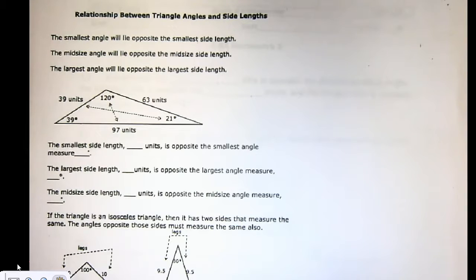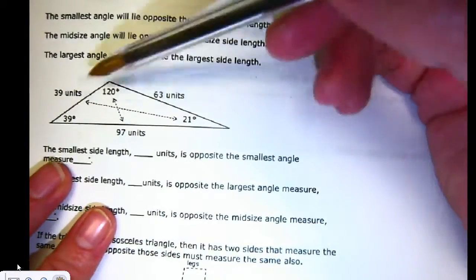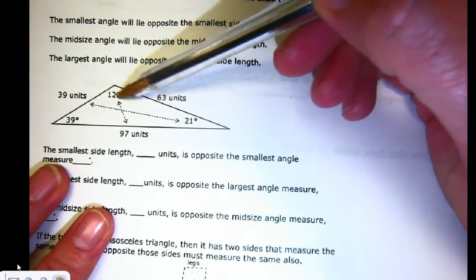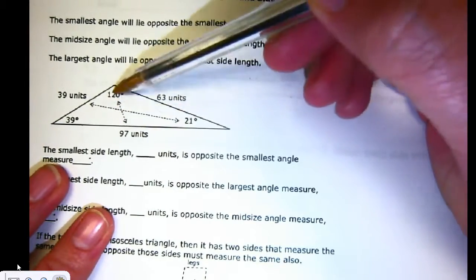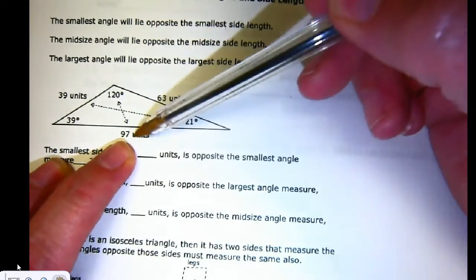So for me, the middle is always the hardest one because you don't want to make a mistake. So when I look at them, I try to do the small one first, the large one first, and then do the middle one last. So let's look at this example. 120 is the biggest angle because it's obtuse. Well, if it's directly across, you can draw a little dotted line from 97 units. If you look at the three sides, 97 is the biggest.